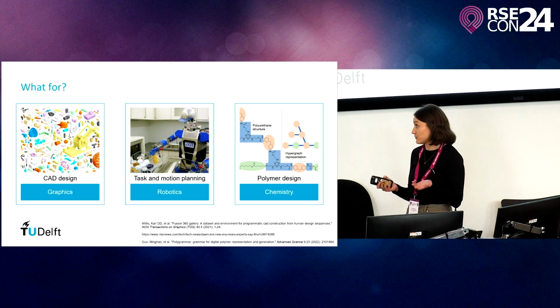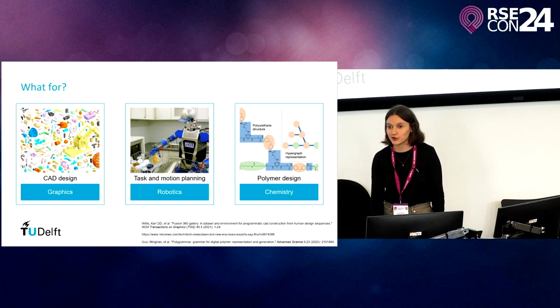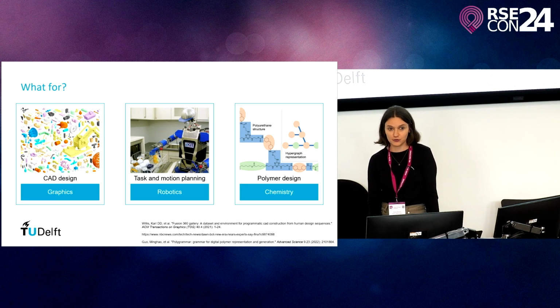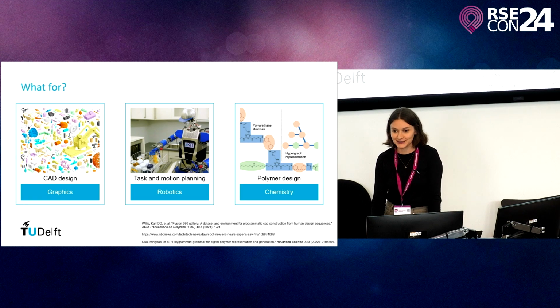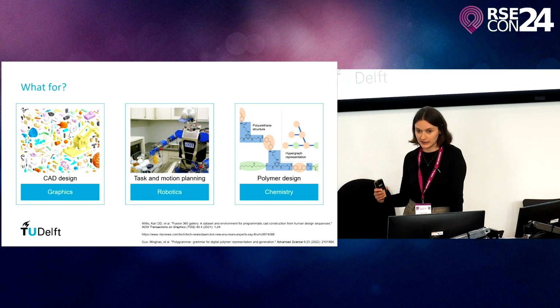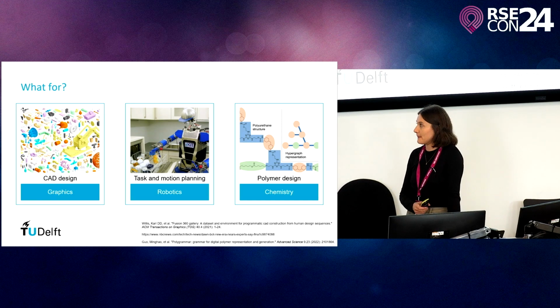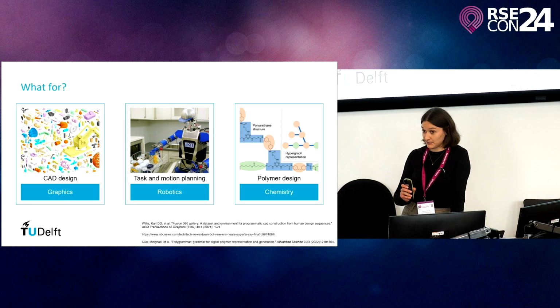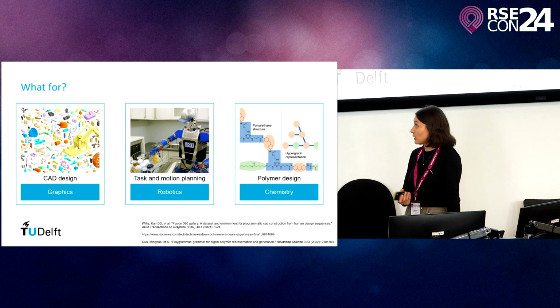It can take the final model and disassemble it into individual basic shapes that you can then edit separately. Another example is task and motion planning for robots, for example, in a scenario where a robot is supposed to navigate a kitchen and load the dishwasher. Some rules in the grammar there could be like pick up an object, move to the left, move to the right. And the last application I want to mention is polymer design.